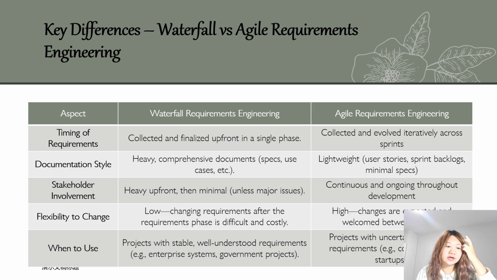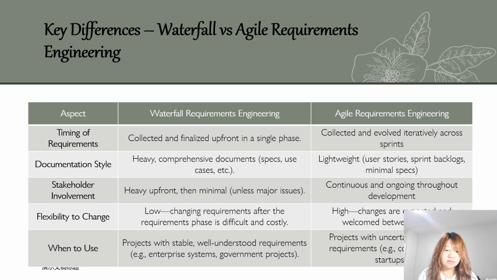Let's compare the two side by side. For timing, Waterfall locks in requirements up front. Agile gathers them iteratively across sprints. Documentation: Waterfall uses heavy, detailed docs. Agile uses light user stories and backlogs.